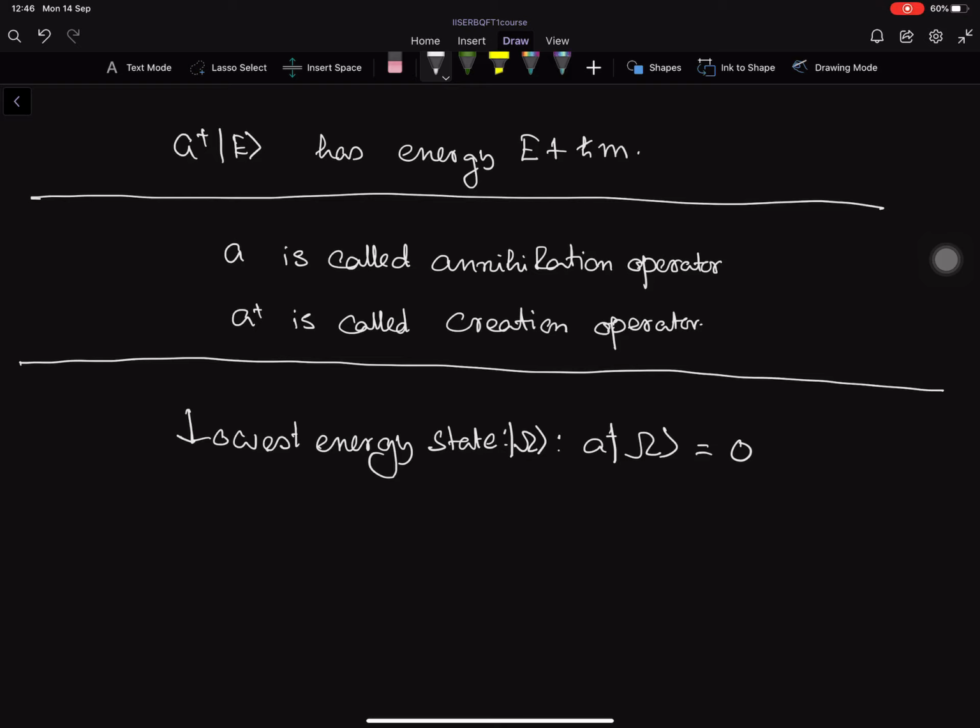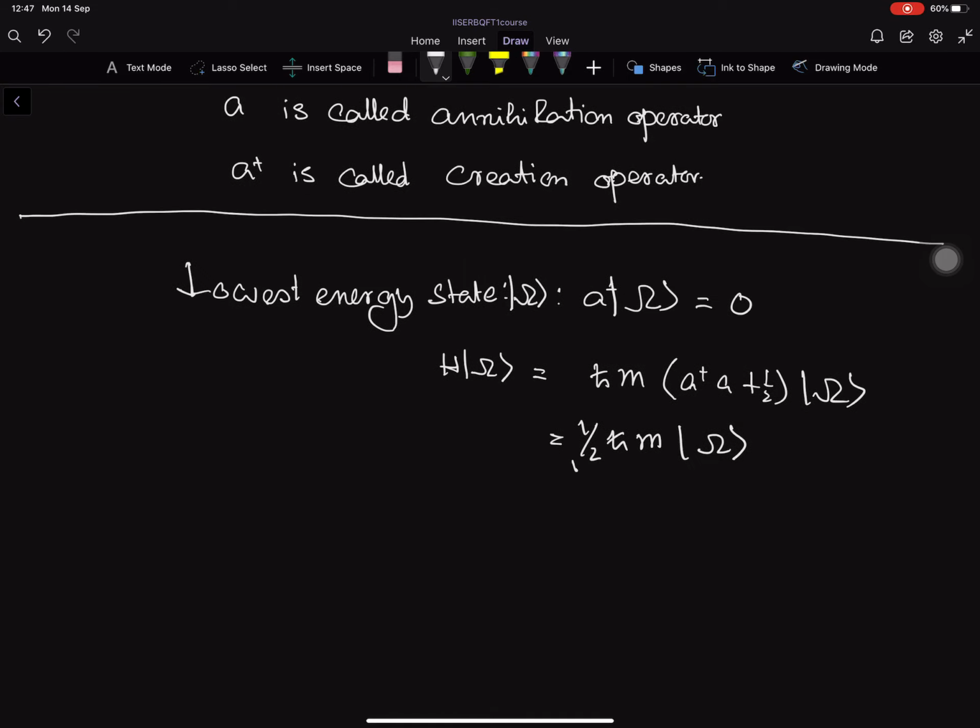Very good. If that's the case, then this is annihilated by A, which means that the Hamiltonian acting on this is h bar omega (A dagger A plus half) acting on that, which is half h bar omega. And this is called zero point energy.